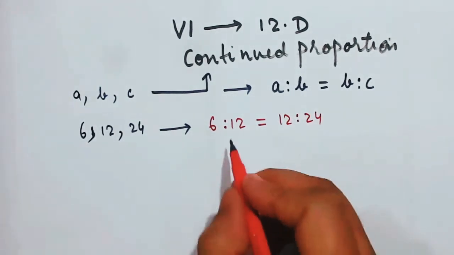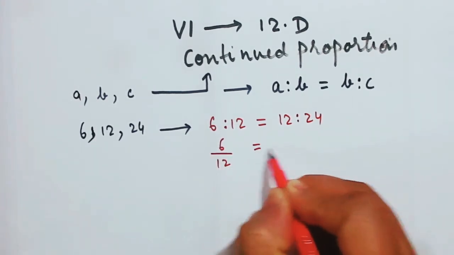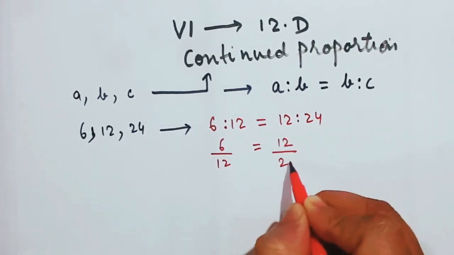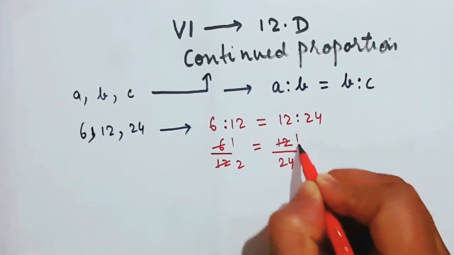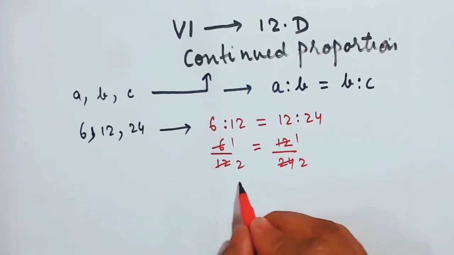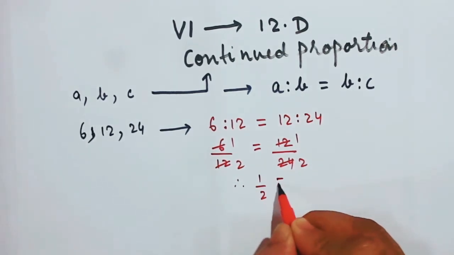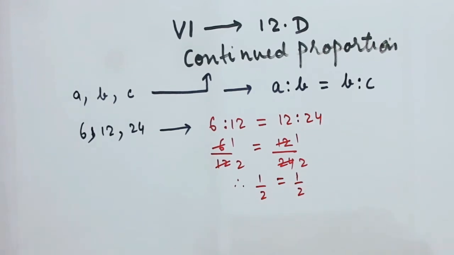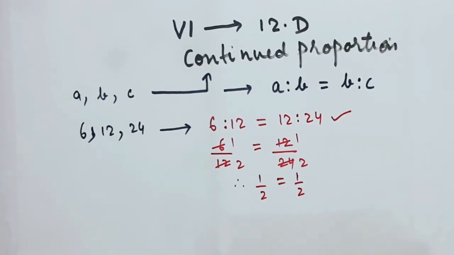Let us see if this is right. 6 by 12 is equal to 12 by 24. 6 1 times, 6 2 times, 12 1 times, 12 2 times. Therefore, 1 by 2 is equal to 1 by 2, and we would then say that yes, it is in continued proportion. Try to understand this first.